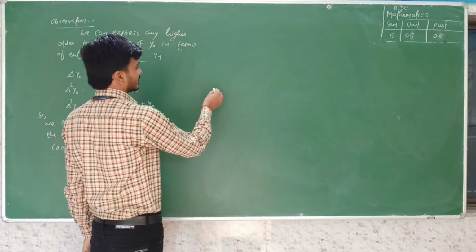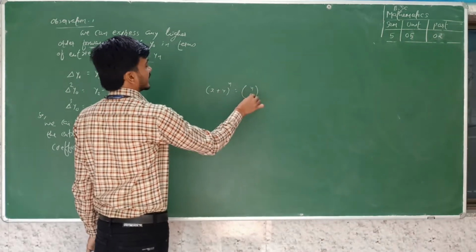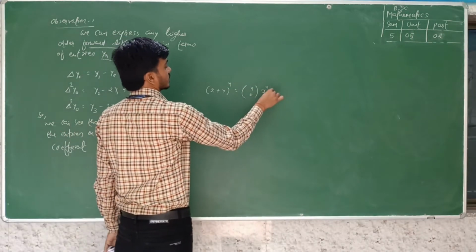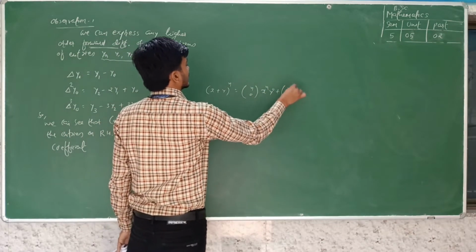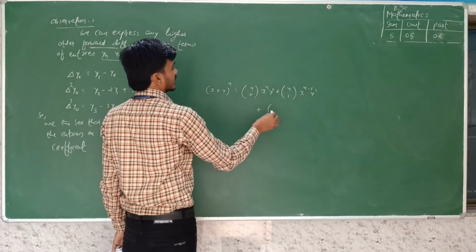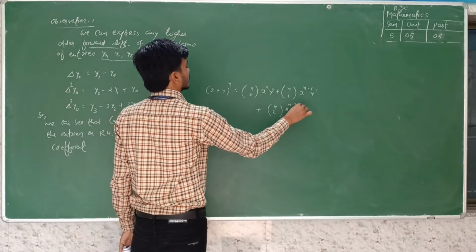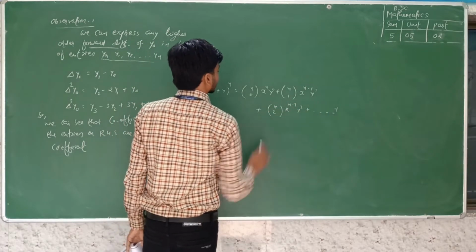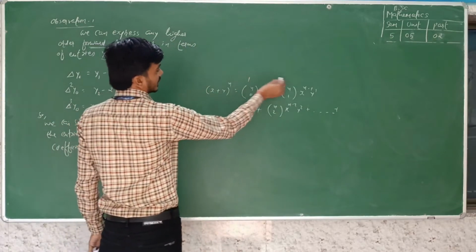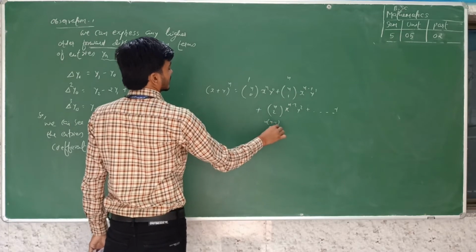Binomial theorem: x plus y raised to the power n is nc0 x raised to n y raised to 0, plus nc1 x raised to n minus 1 y1, plus nc2 x raised to n minus 2 y2, up to ncn. Here nc1 means n, nc2 means n into n minus 1 upon 2.